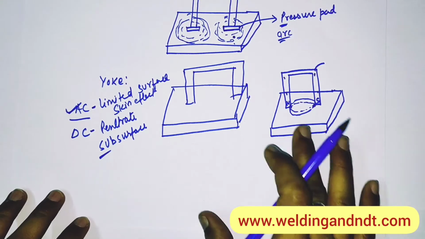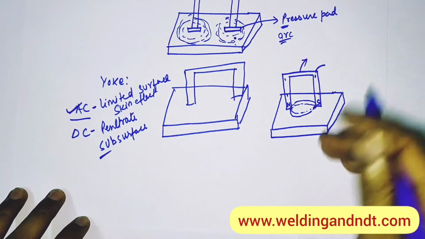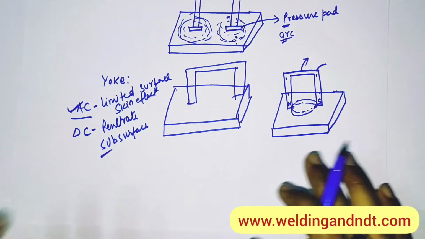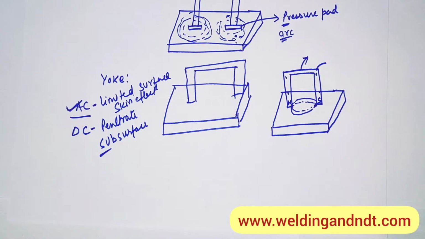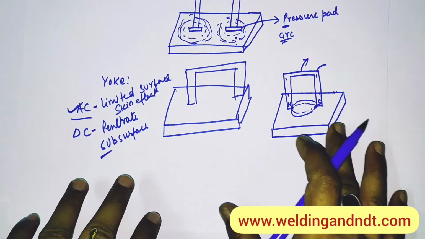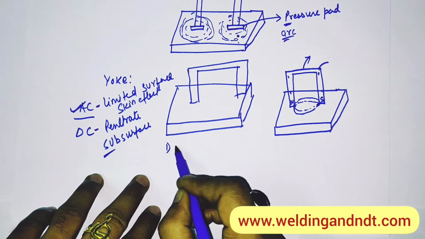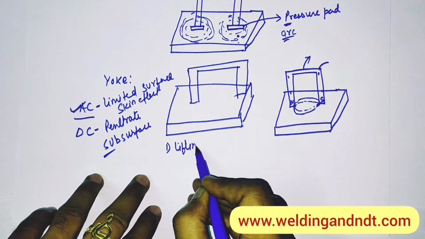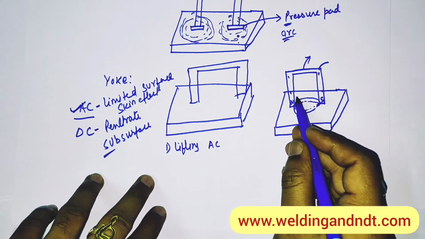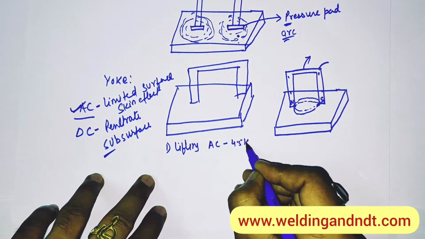So yes, if you are going to do the MPI, first you need to check whether your yoke is correct or not, or the methodology with which you are going to do inspection is correct or not. So for that you can check the lifting of this yoke. See, if you are using AC current, then this yoke can lift up to 4.5 kg.